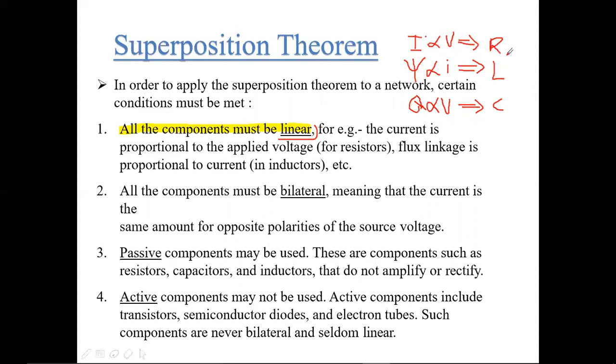Then the second point: all the components must be bilateral, meaning the current is the same amount for opposite polarities of the source. Bilateral means the current can travel in any direction, left to right or right to left. Let me take a resistor over here, the resistor is 2 ohms, right?